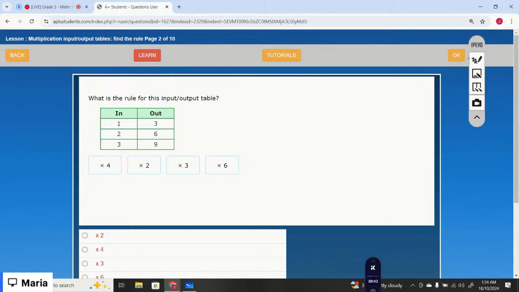That is 3. You have to multiply each input value by 3 to calculate the output values.